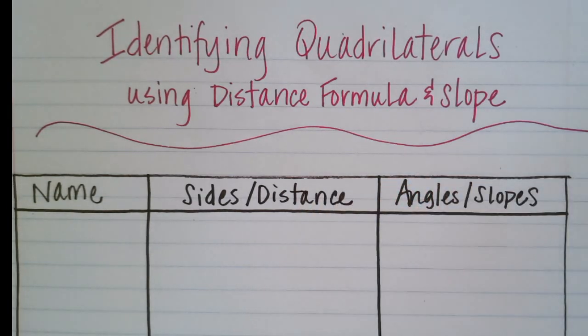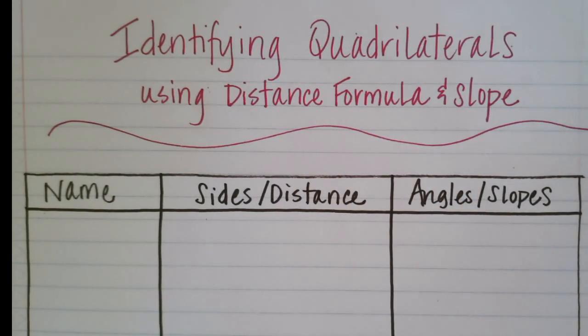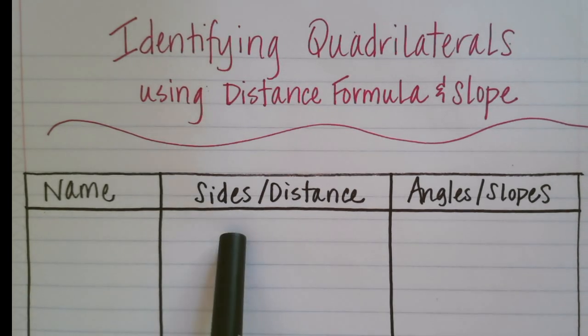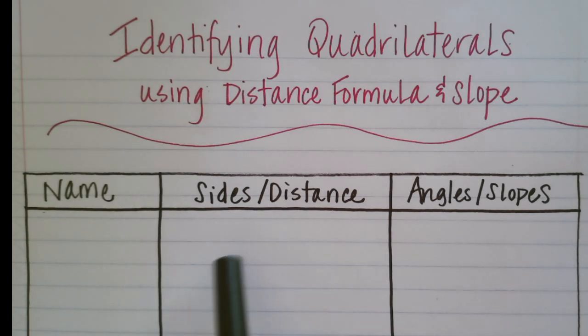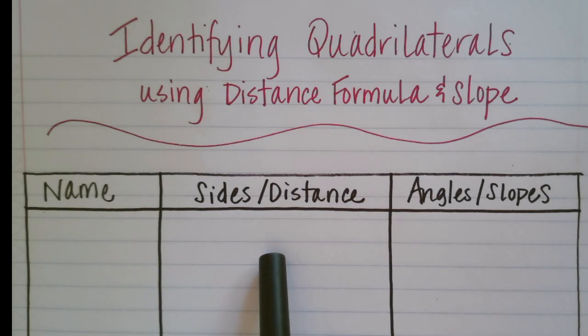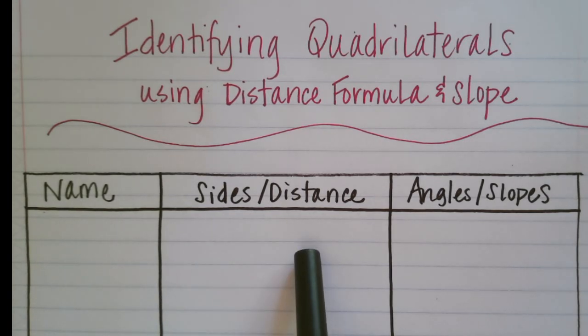All right. So here's what's happening. We know, for example, that a square has 4 right angles and 4 sides that are the same length. So if we wanted to prove something was a square, we would have to show that the 4 sides are all the same length. That means we would need to do the distance formula for the 4 sides of the square to show that the 4 sides are the same length.